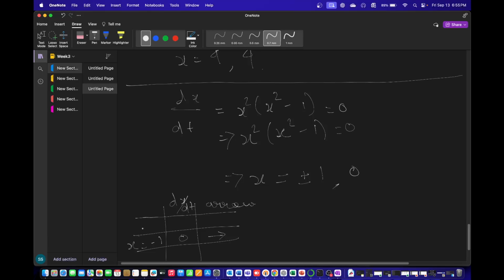Now if you take a value slightly higher than x equal to minus 1, so x equal to minus 0.9. Be careful, remember there is a negative sign. So x equal to minus 0.9 is greater than x equal to minus 1.